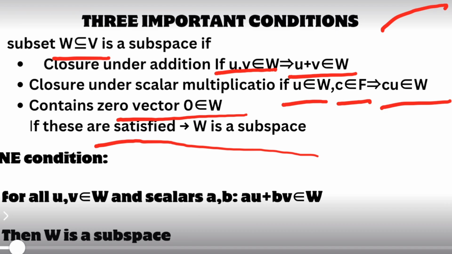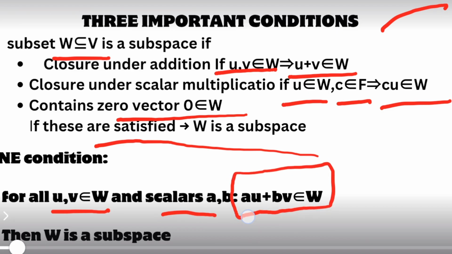And there is also one short trick to find out a subspace. If for all u, v belonging to the subset and scalars a, b, a u plus b v belongs to W, then W is a subspace. No need to check that it contains the zero vector, or is closed under addition or scalar multiplication.